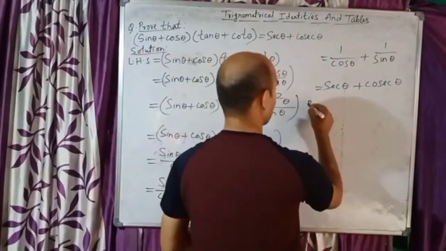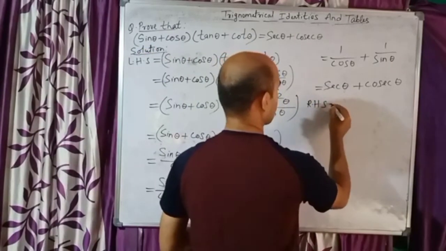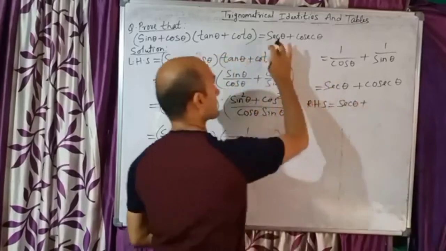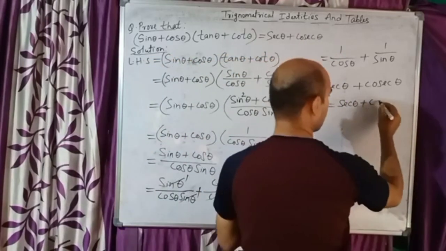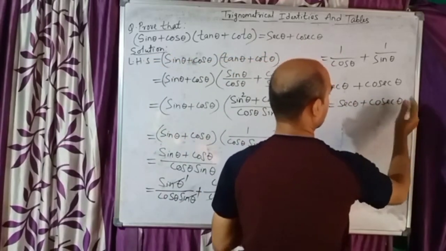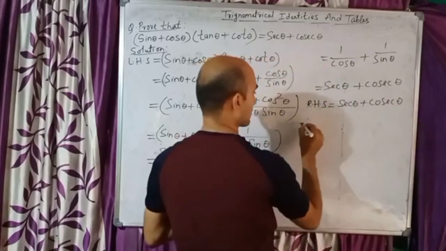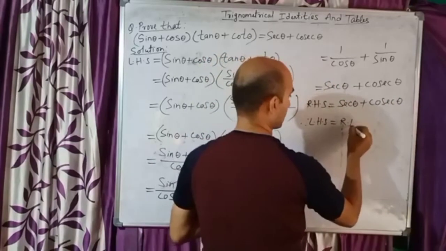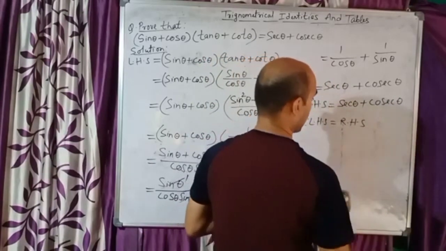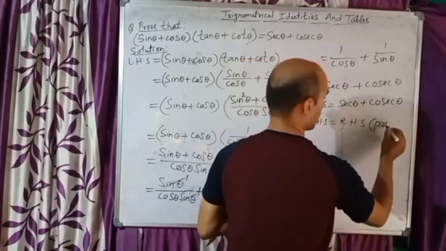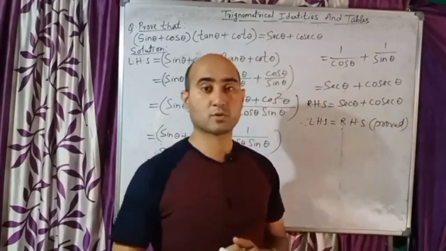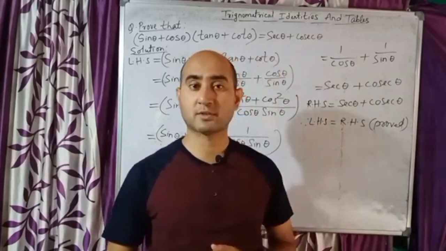But first of all, what you write? RHS is equal to sec theta plus cosec theta. So it is matching with this, that means left hand side is equal to right hand side, and it is proved. So children, very technical question. I hope you understood. Thank you children.